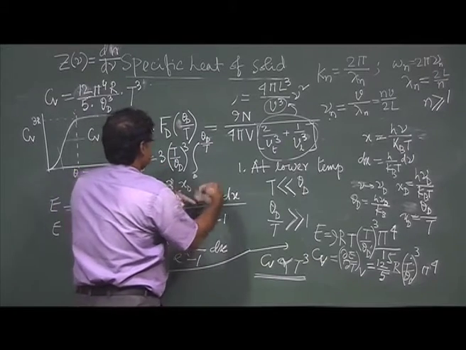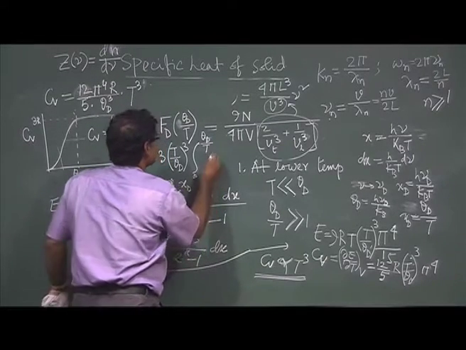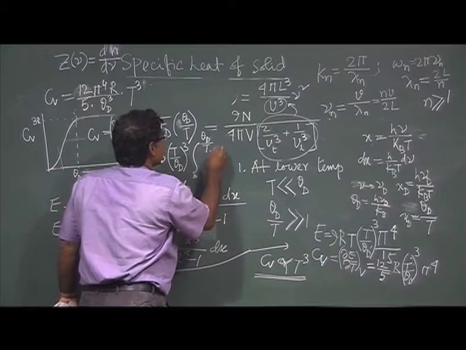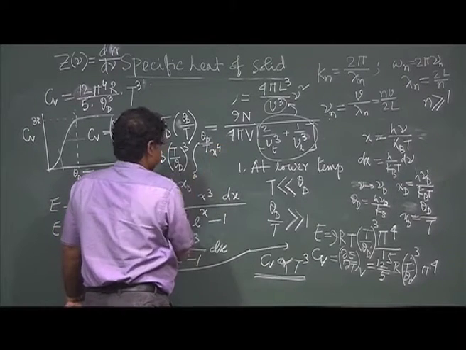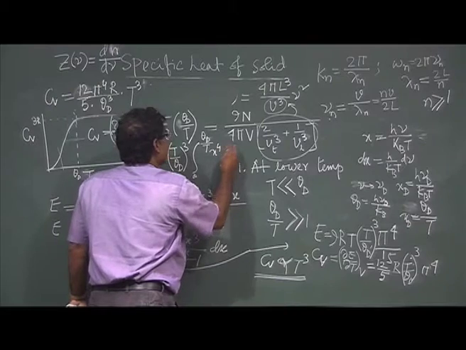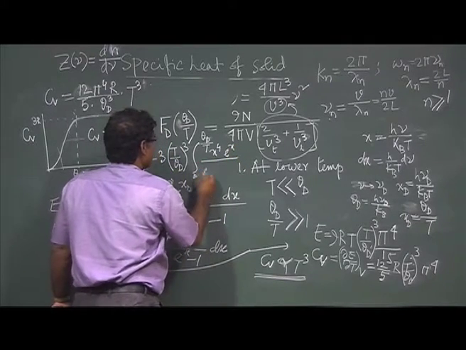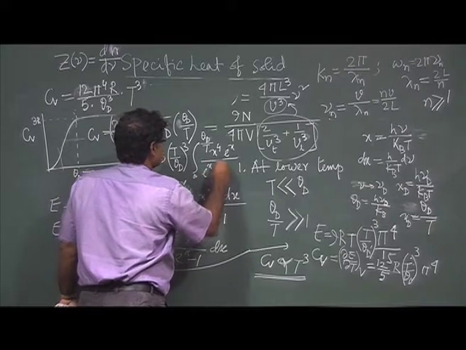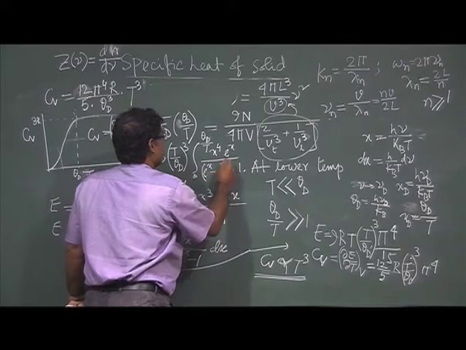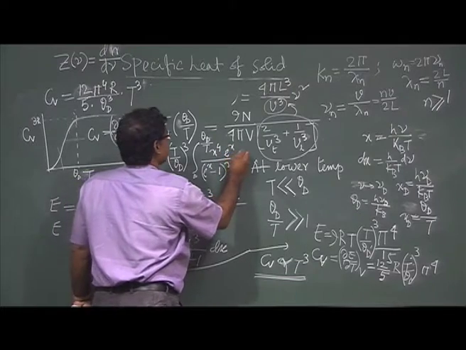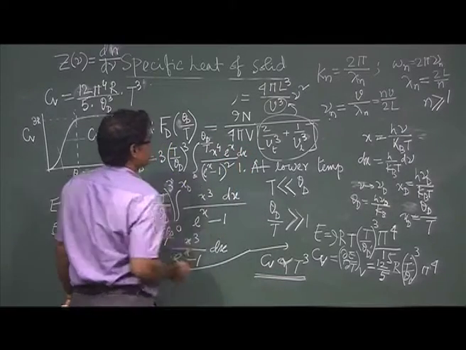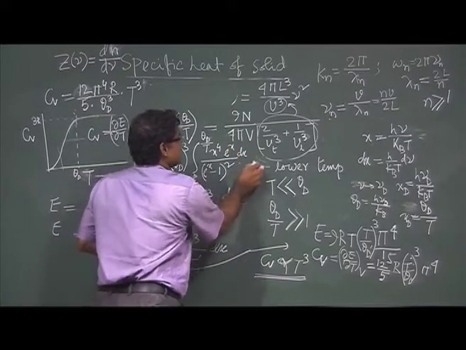On differentiating, it comes x to the power 4 e to the power x divided by e to the power x minus 1 whole squared, and then dx.